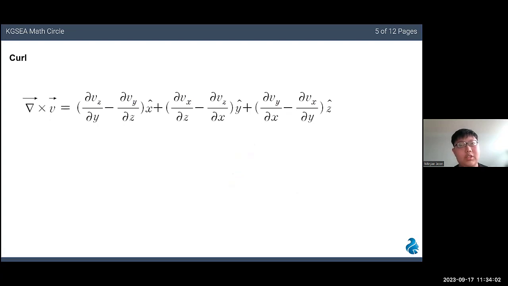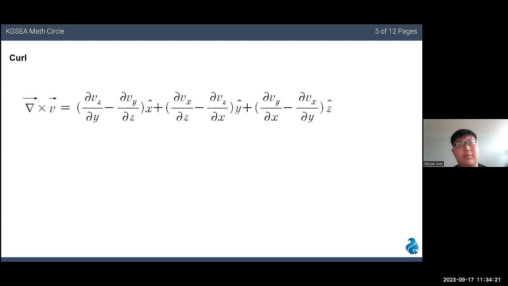The third application is the curl of a function. The curl of a function is expressed with the outer product of the del operator and the function. As shown in the equation, the curl of a function is a vector quantity, not a scalar quantity.